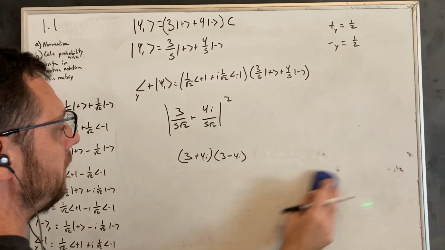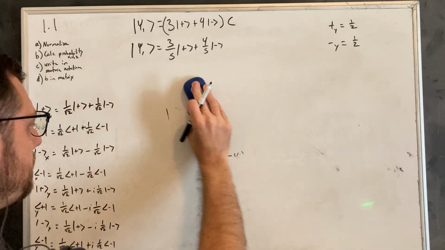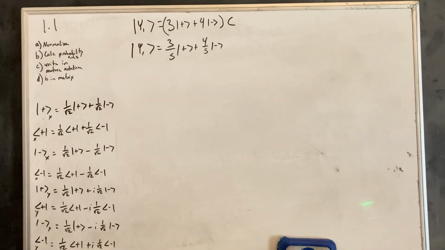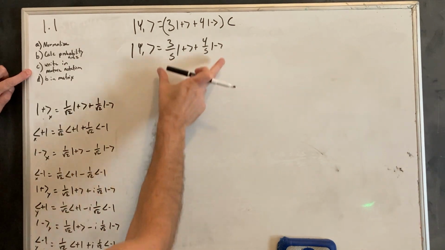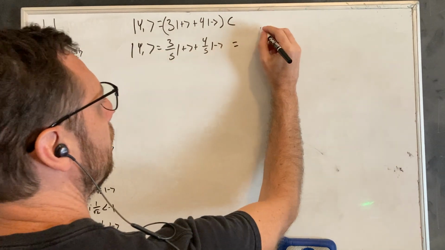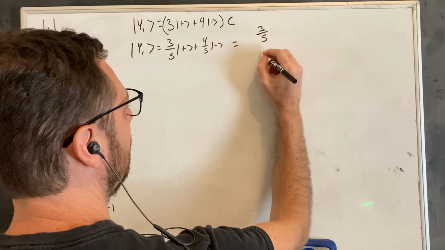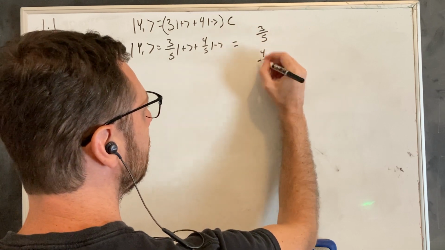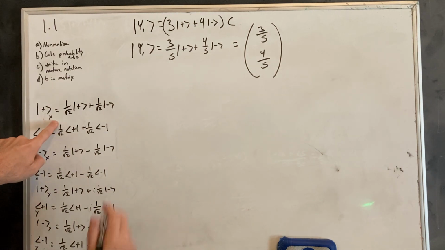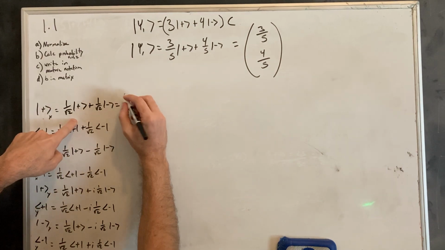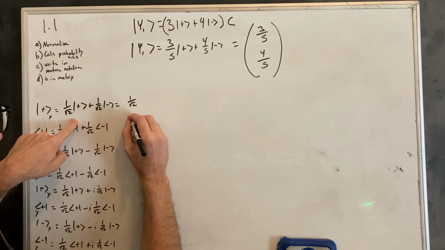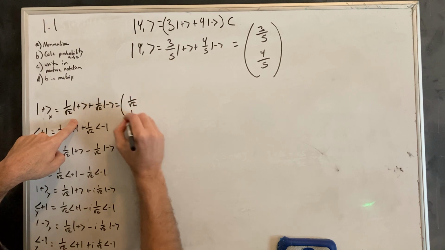Whew, okay, so that's all the probability calculations. The next step for this is to write this out in matrix notation. So this normalized vector right here, write that in matrix notation, which would be 3/5 and 4/5. All right, and then in matrix notation these would be 1 over root 2 and 1 over root 2.